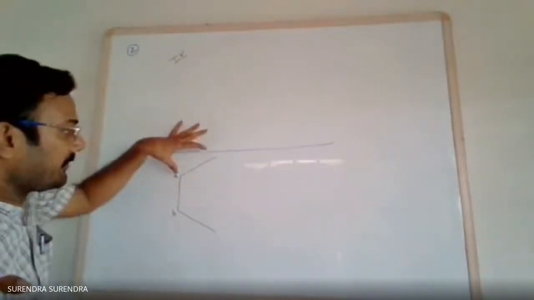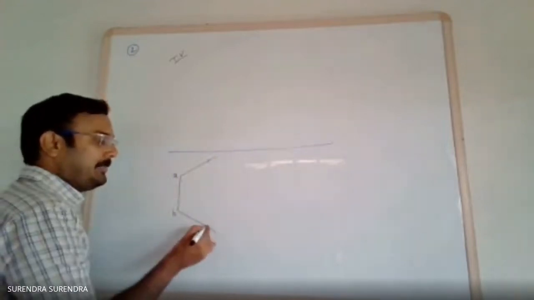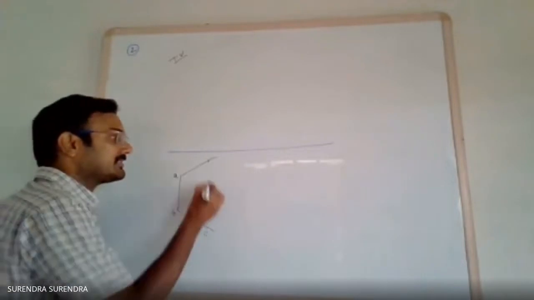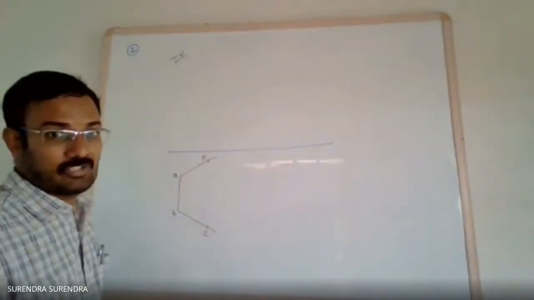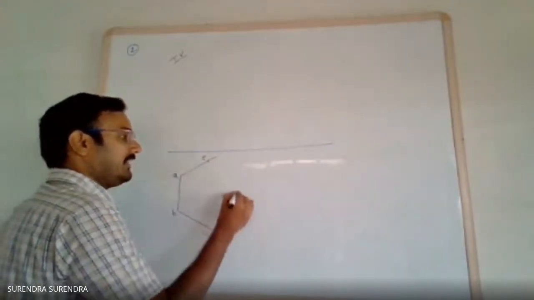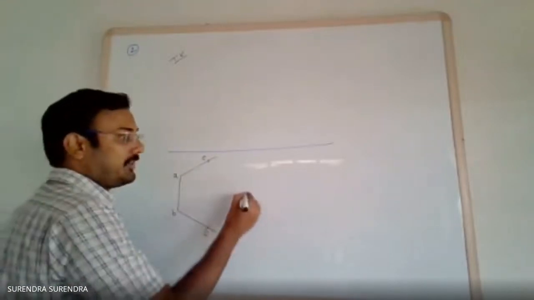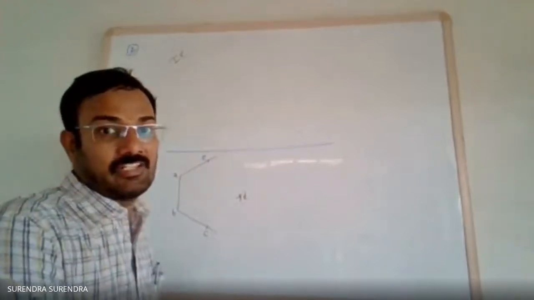So with 30 mm, A as center, draw an arc, B as center, arc. Let these points be C, E. Now with the same radius, C as center, arc, E as center, arc. You'll get the point D, which means you are maintaining equal sides.